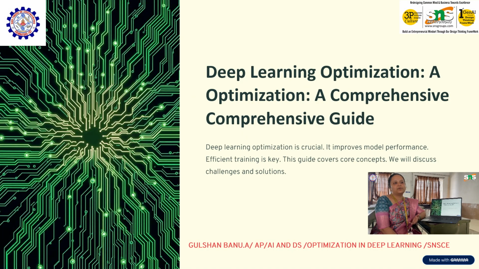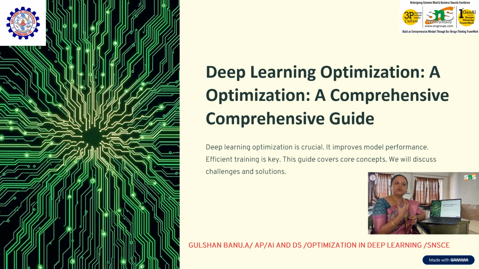Now, what is optimization all about? It is about getting things in a simpler, smaller version, so that you get to know things in a simpler manner. That is called optimization. In deep learning, optimization is all about how you deal with the crucial things.